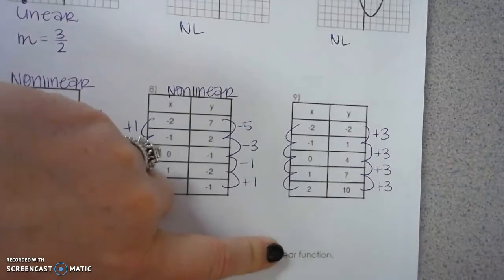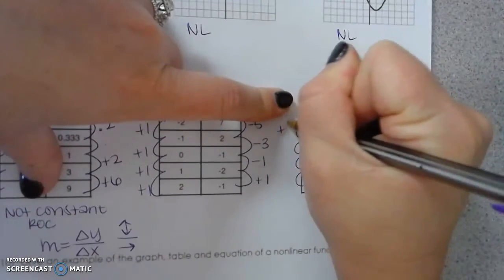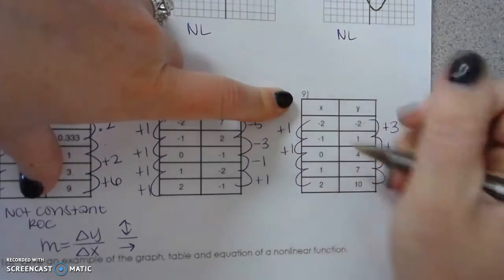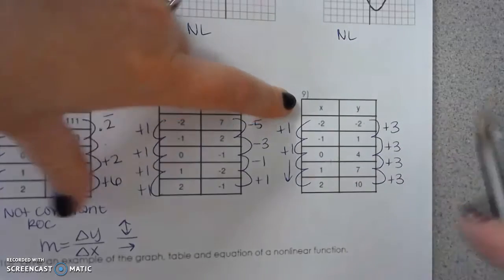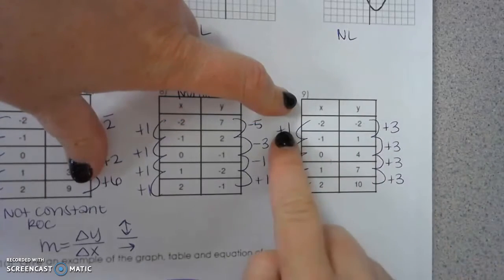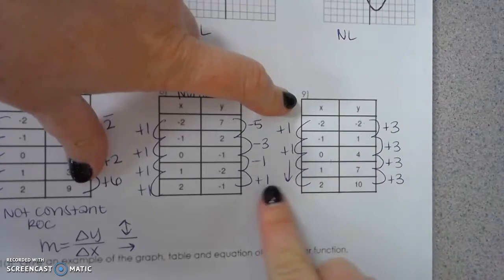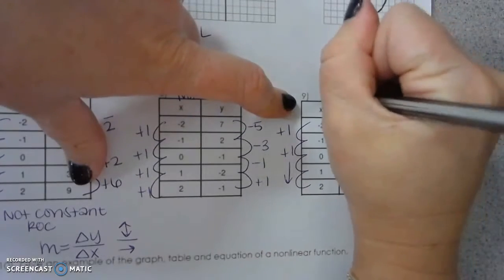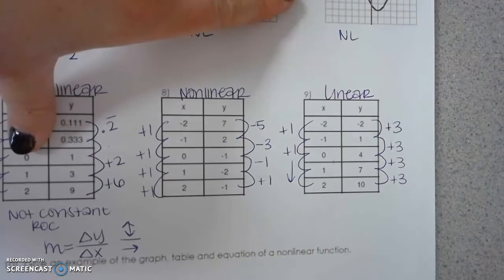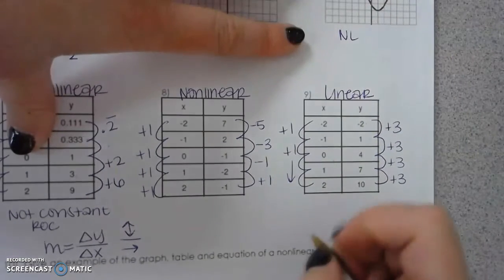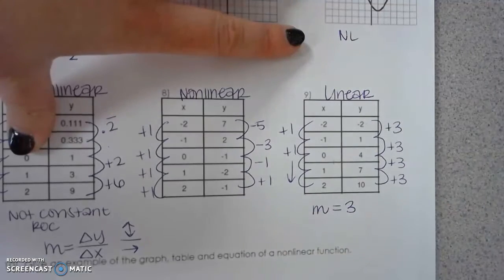And then in x, from negative 2 to 1, I am adding 1, and adding 1 and adding 1. So my slope is 3 over 1. That was nice and easy. So that is linear because I have a constant rate of change, aka slope. I have a constant slope of 3 increasing up.